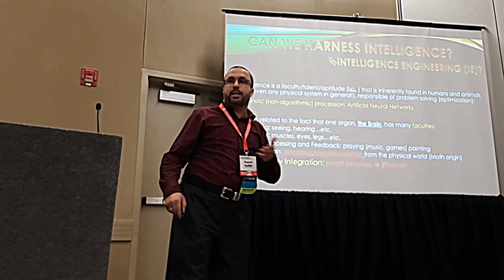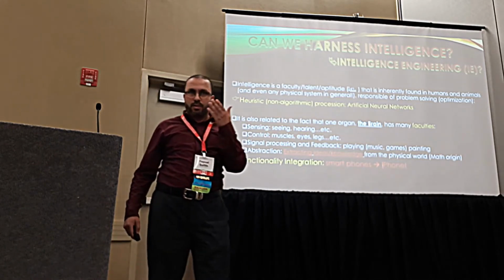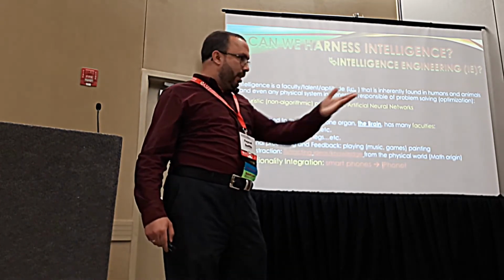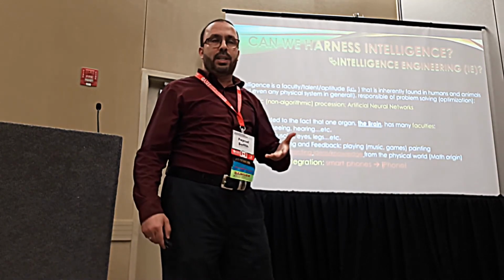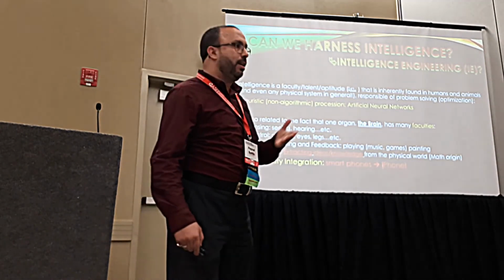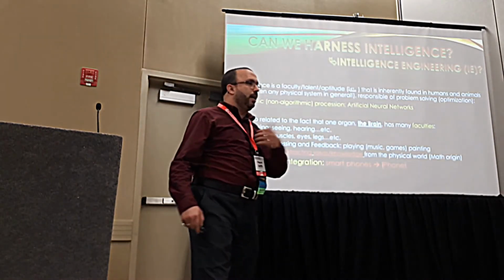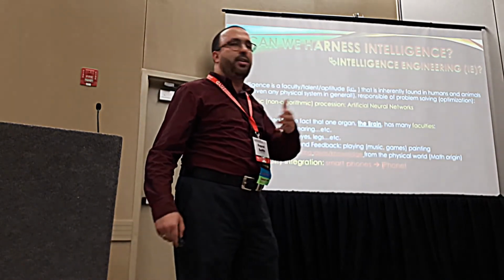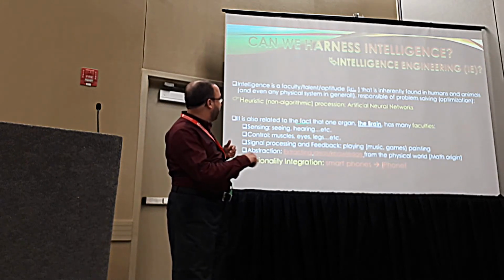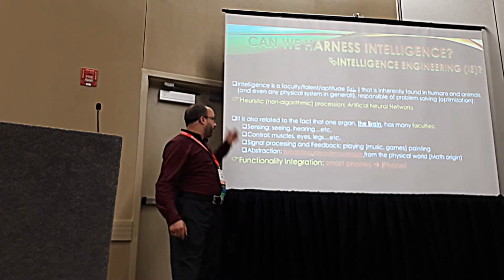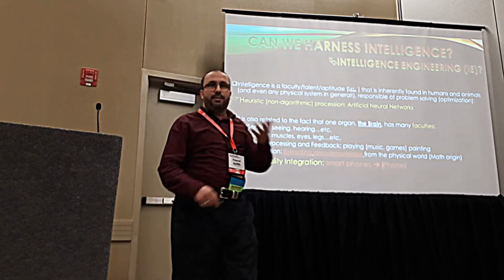The second aspect is in your pocket, in your smartphone, by integrating functionalities. The phone integrates functionalities, faculties actually. It can measure things, can entertain you, etc. The integration of functionalities or faculties, sensing, control, signal processing, etc., this makes the device smart.